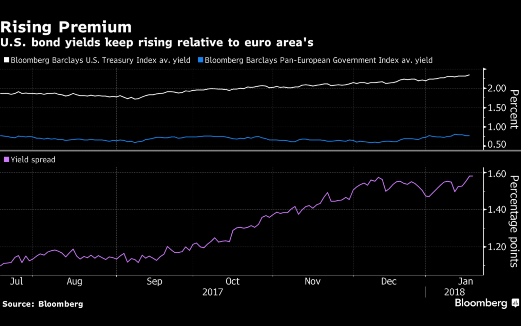And if you take a look at what that's done to US government bond yields, you can see that of late, and this chart is current through January of 2018, the spread between the US Treasuries index yield and the euro equivalent has been increasing.